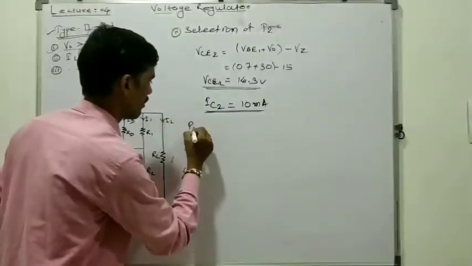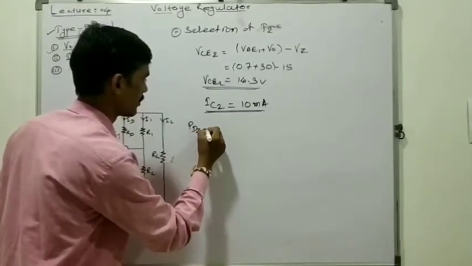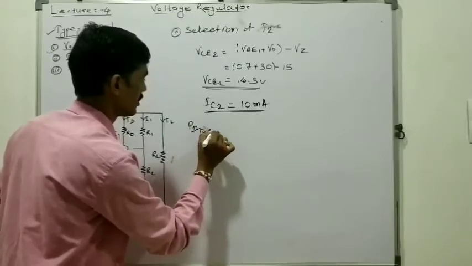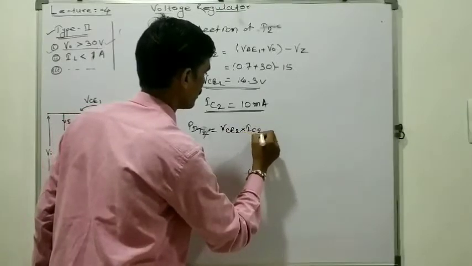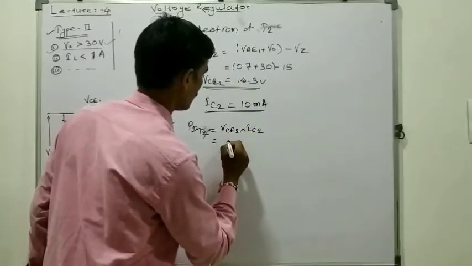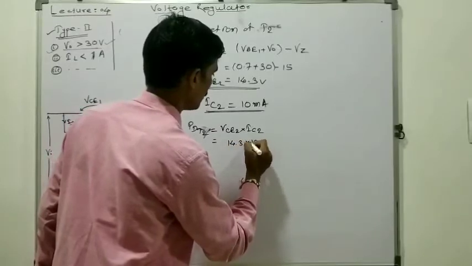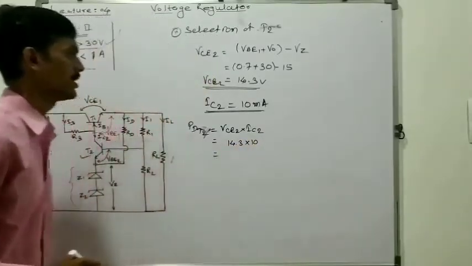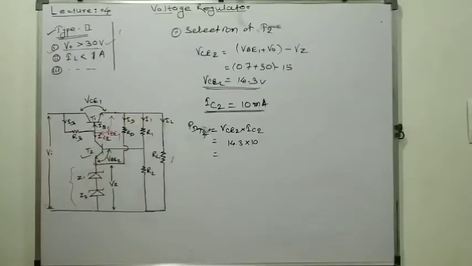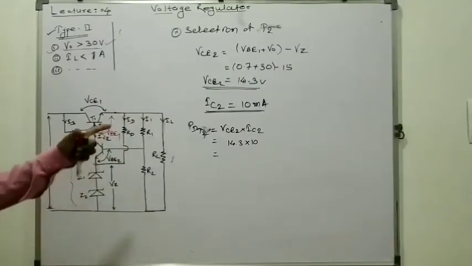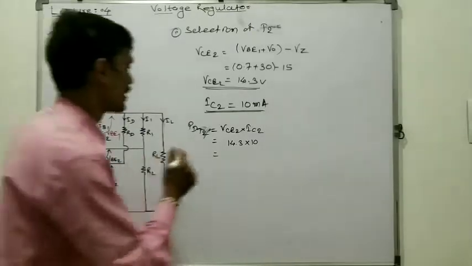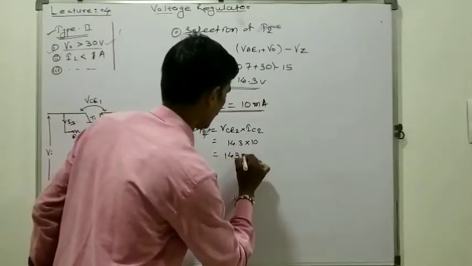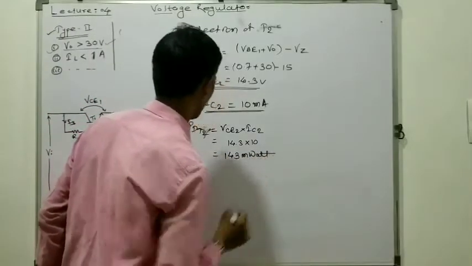Next is power dissipation across transistor T2. It is the VCE2 multiplied by IC2. So it equals 14.3 into 10 milliampere. Is it right? So this is the power dissipation across transistor T2, which is 143 milliwatt.